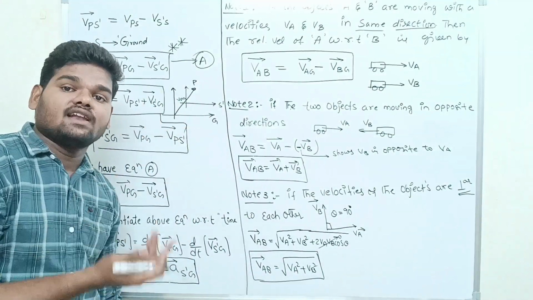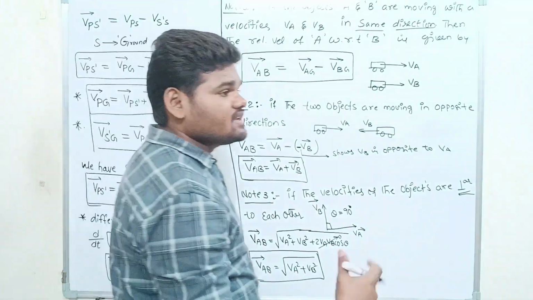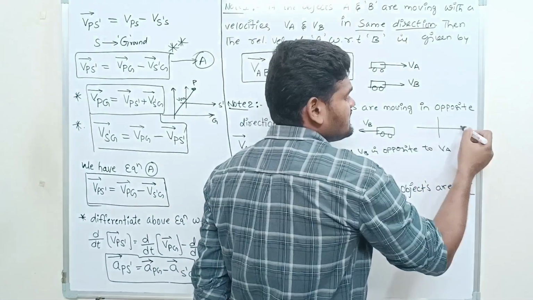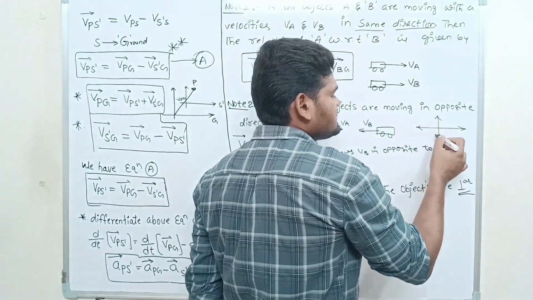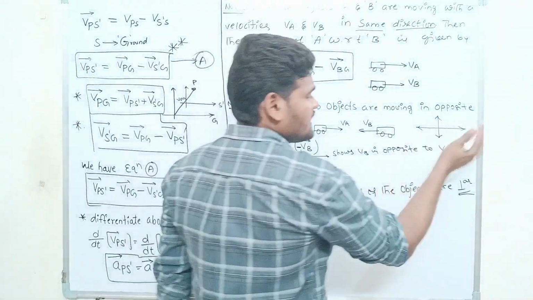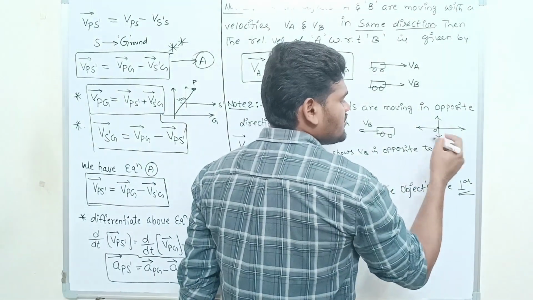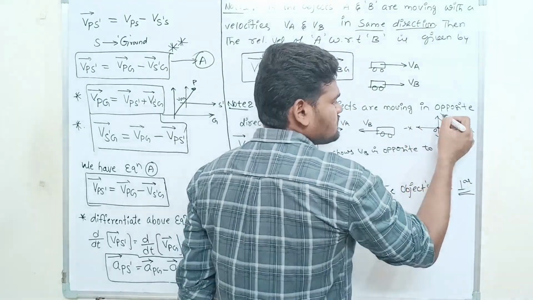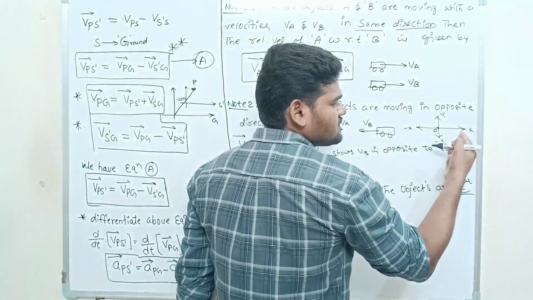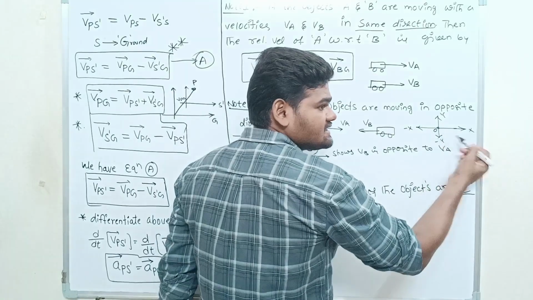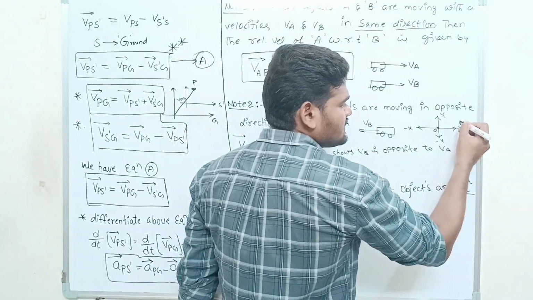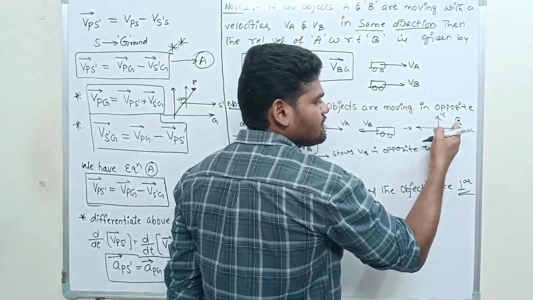What is velocity? Velocity is a vector quantity, mark. That means it has both magnitude as well as direction, and we must consider its direction also. Whenever the object is moves from the origin towards this direction, what is this? Positive x, negative x, positive y, negative y. If the object is moving in this direction, with respect to positive x direction, the unit vector is i cap.